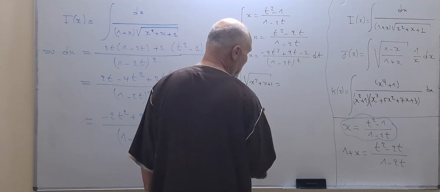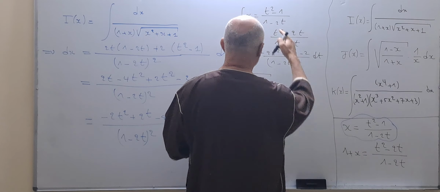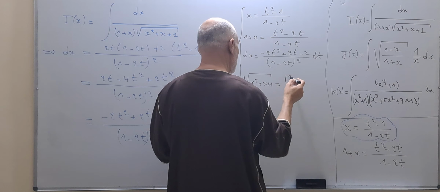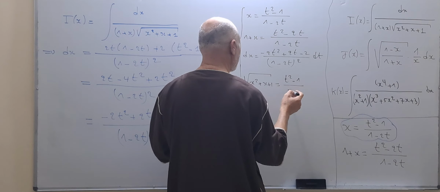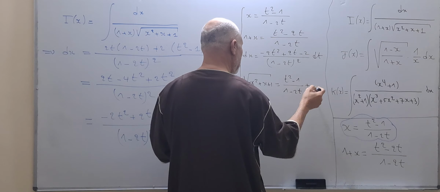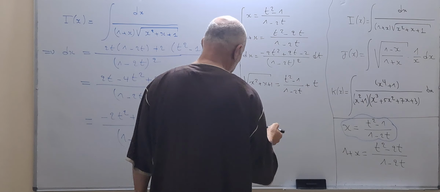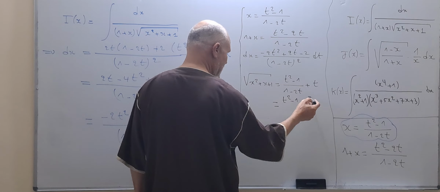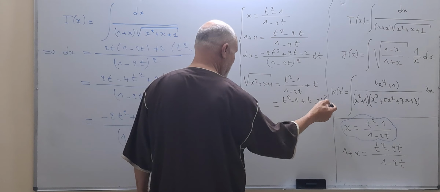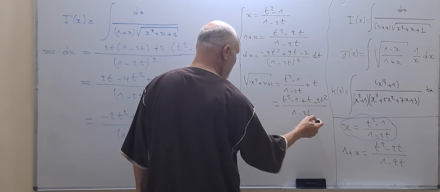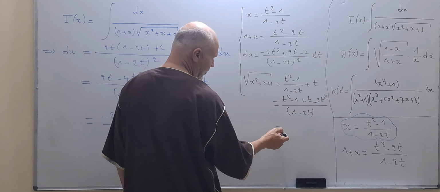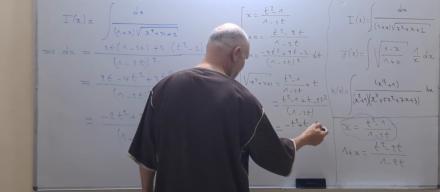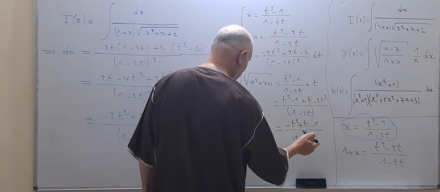This is equal to x plus t, with x equal to t squared minus 1 over 1 minus 2t. This is equal to t squared minus 1 plus t minus 2t squared over 1 minus 2t, which is equal to minus t squared plus t minus 1 over 1 minus 2t.